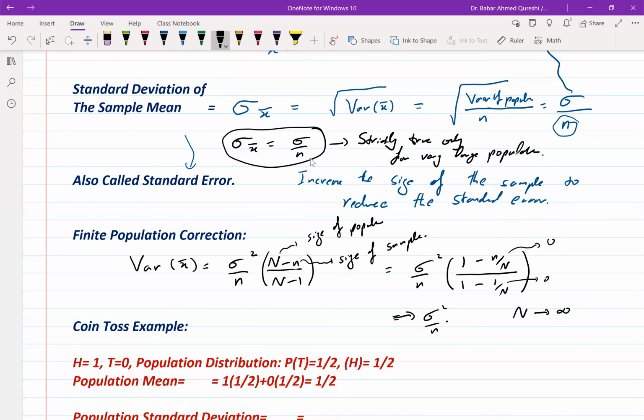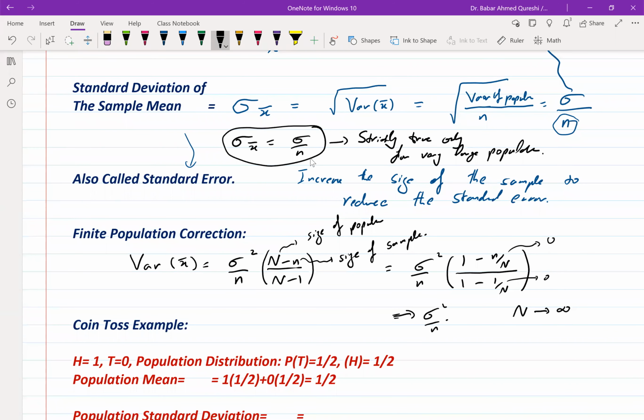Yes, there was a question. Sir, I wanted to ask, how can you determine whether the finite population correction will apply or not? Well, it depends on how much accuracy you want. First of all, you can always use this because this is an exact formula.